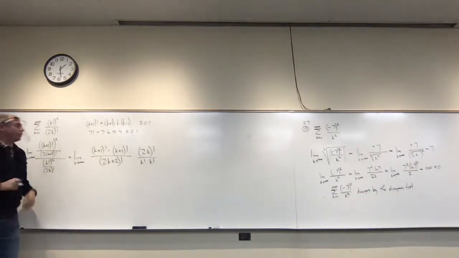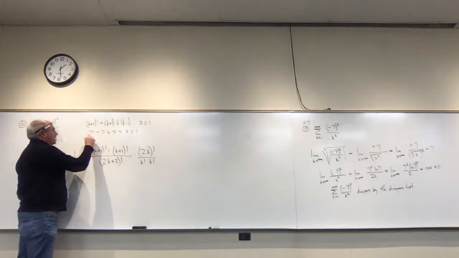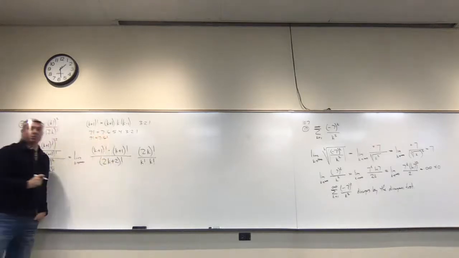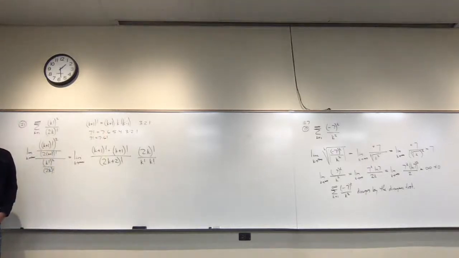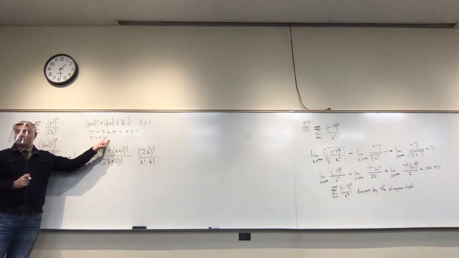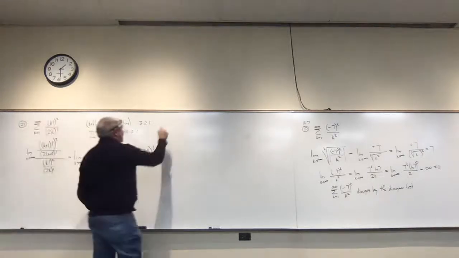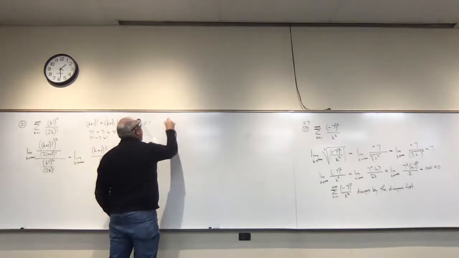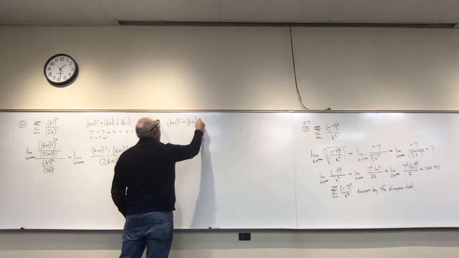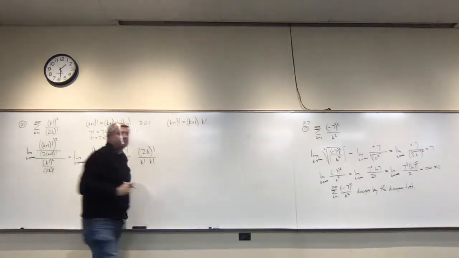Another really important thing to notice is that 7 factorial is 7 times 6 factorial. Does everybody agree with this? So I could just break the 7 off and write the rest of it as 6 factorial. Another way of saying this is that k plus 1 factorial is k plus 1 times k factorial.